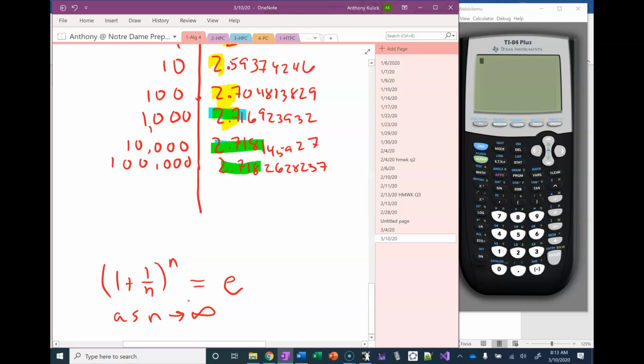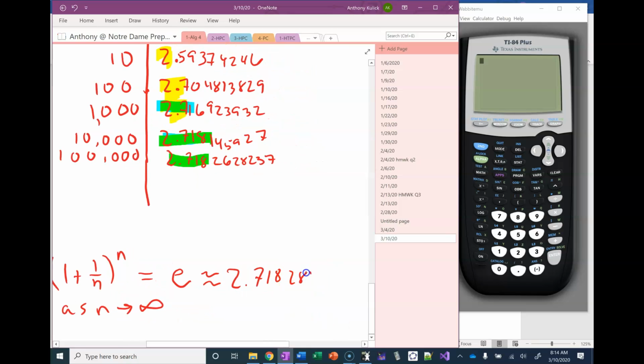And the value for e is approximately 2.7182818, yada, yada, yada. But this is one of those irrational numbers. That is, it's a number that goes on forever, that doesn't change or repeat itself. There's no pattern. It's like the number pi, right?